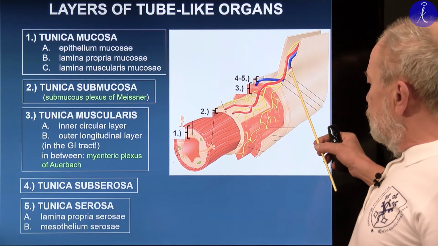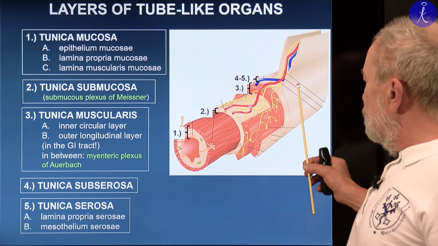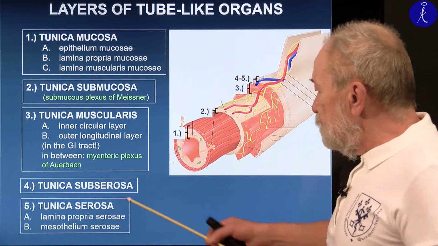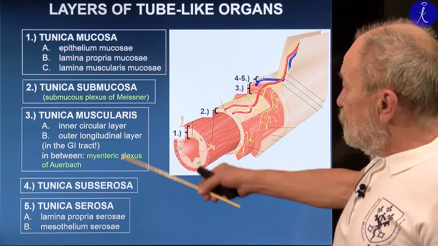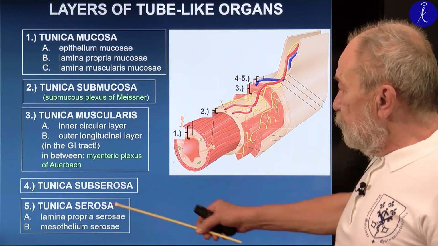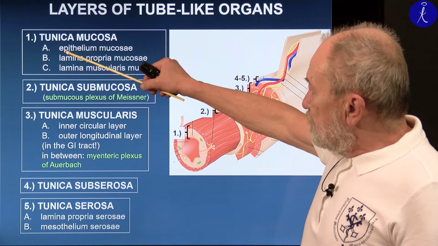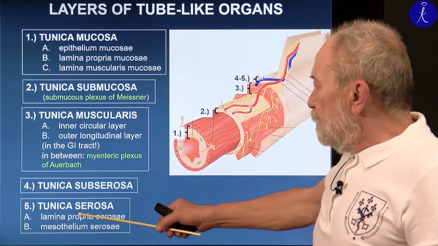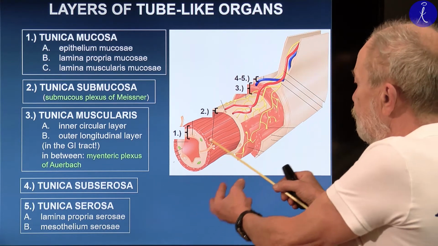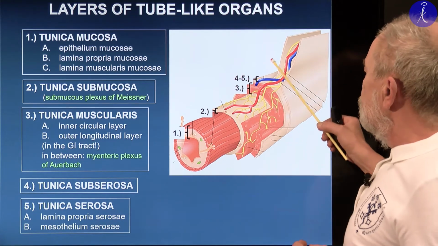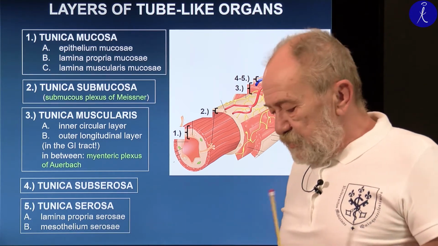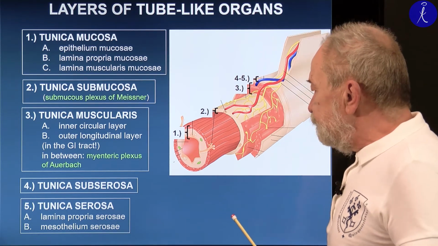After that comes the tunica subserosa and tunica serosa, if the organ is covered by peritoneum. Tunica subserosa is like the submucosa, loose connective tissue, and the tunica serosa, quite resembling the tunica mucosa but in a reversed manner, consists of lamina propria, coming from the lumen towards the surface, and on it the mesothelium serosae should be the last layer.